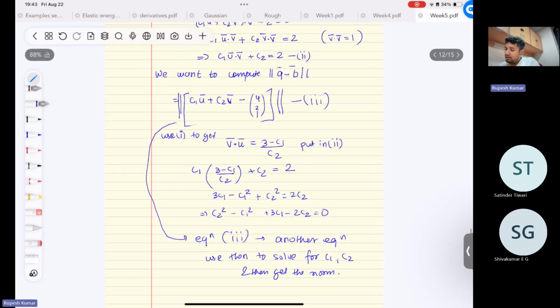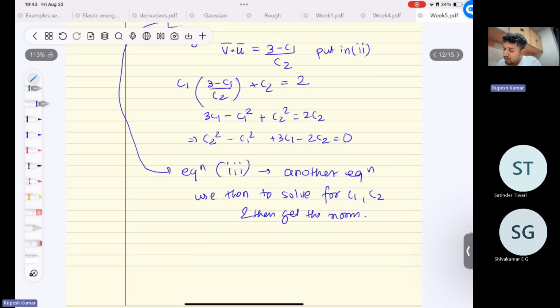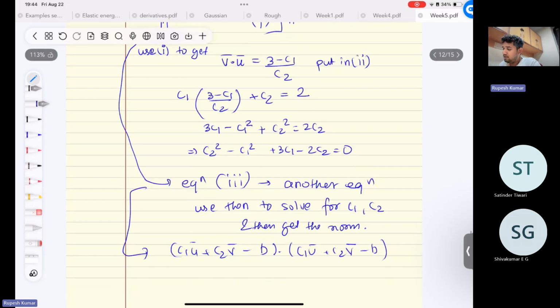So I can also give you a hint, right? When you try to solve this, equation III will say C1U plus C2V minus B dot C1U plus C2V minus B, right?